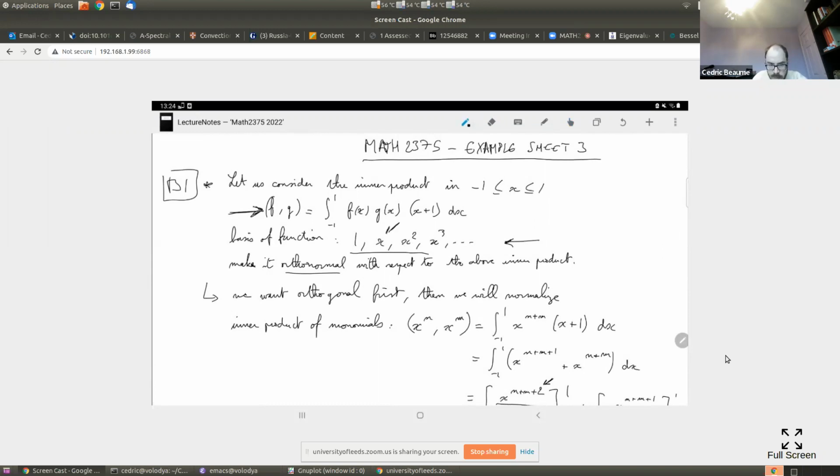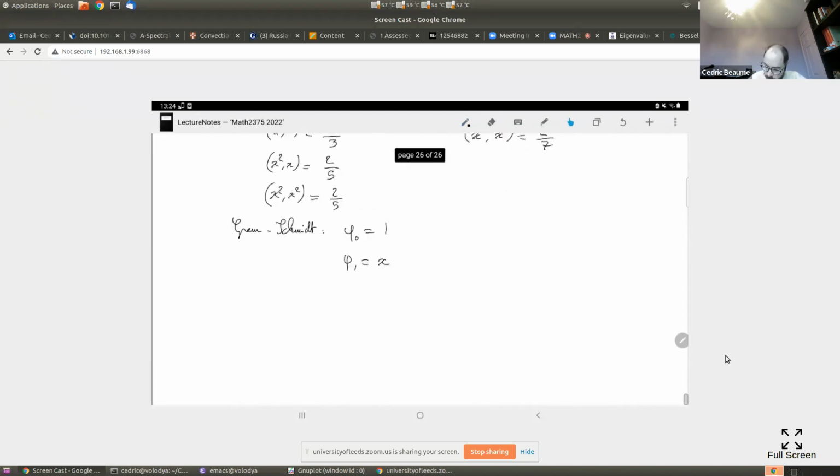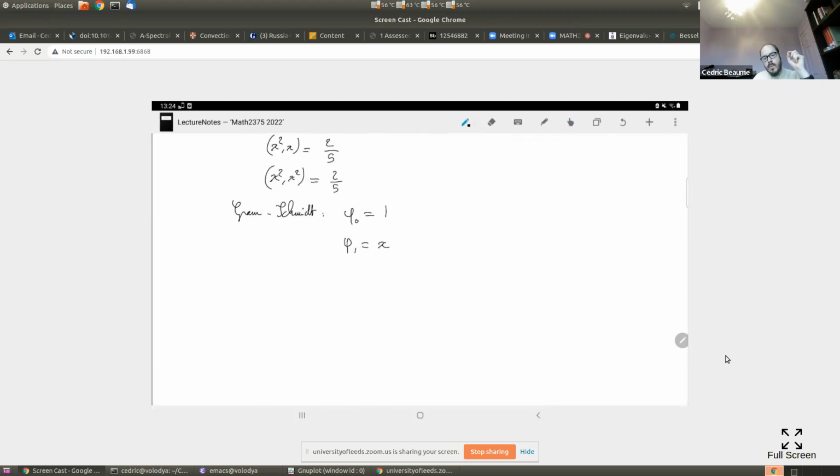So I'm looking at the second function now, and the idea here is, well, I've got it, but remember what I want is to have it orthogonal. Normal, I'll take care of that later. But I want this function orthogonal to the first one. So I just need to take out the projection of that function on the first one, so that what remains is orthogonal.